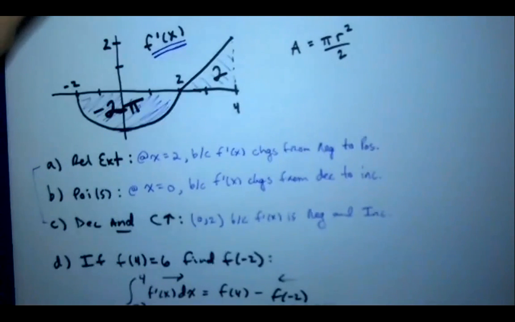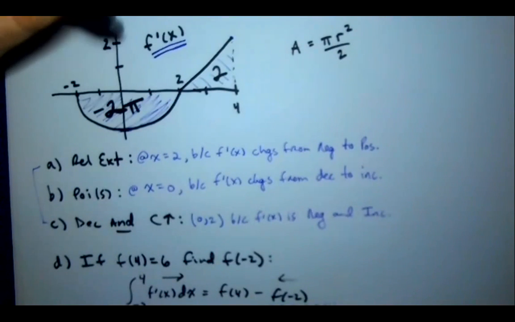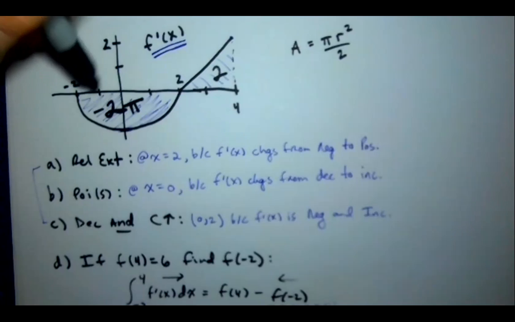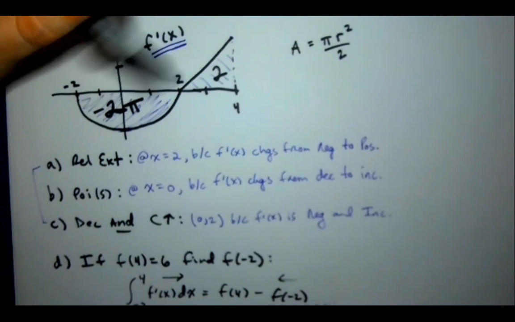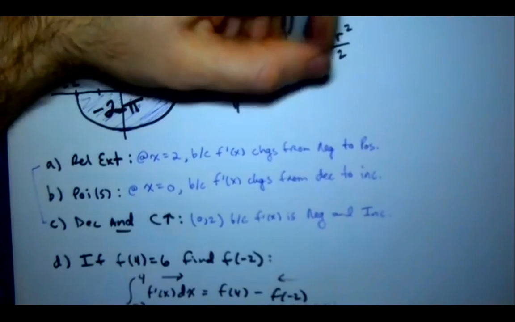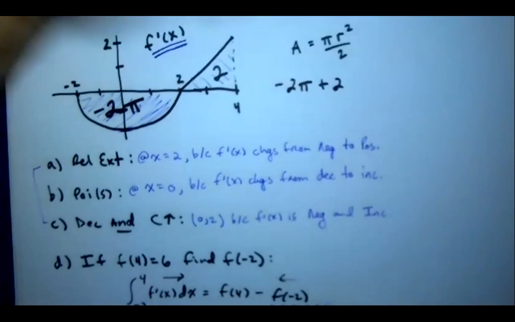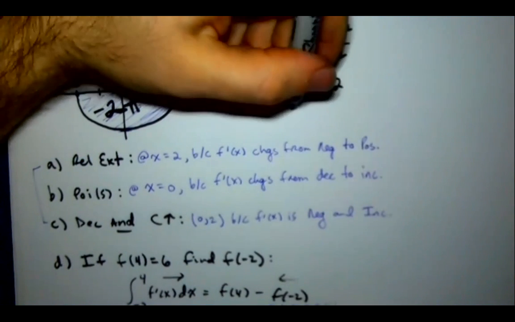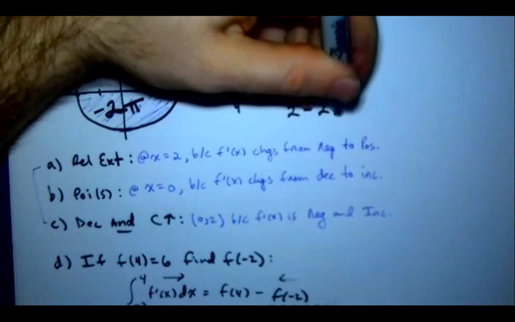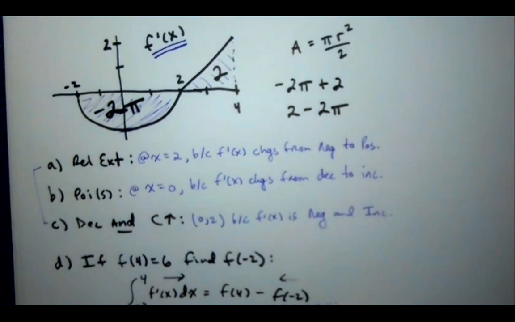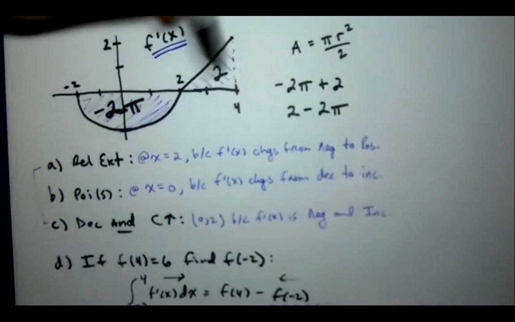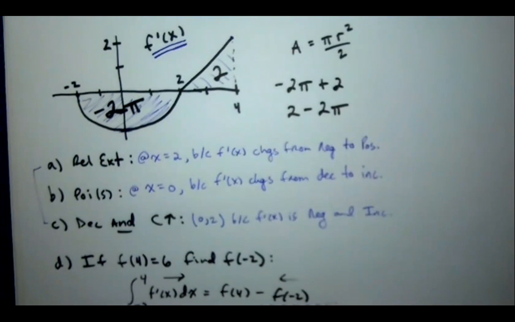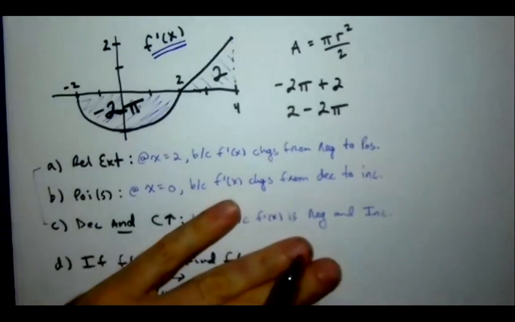All right. So now we want to be careful how we express this combined area. You can call it a couple things. You can say it's -2 pi plus 2. Nothing wrong with that. You could also say that it's 2 minus 2 pi, whichever way you want, but some combination of that is what represents the shaded area. Okay. So we're going to come down here, and what did you call it, Leela?